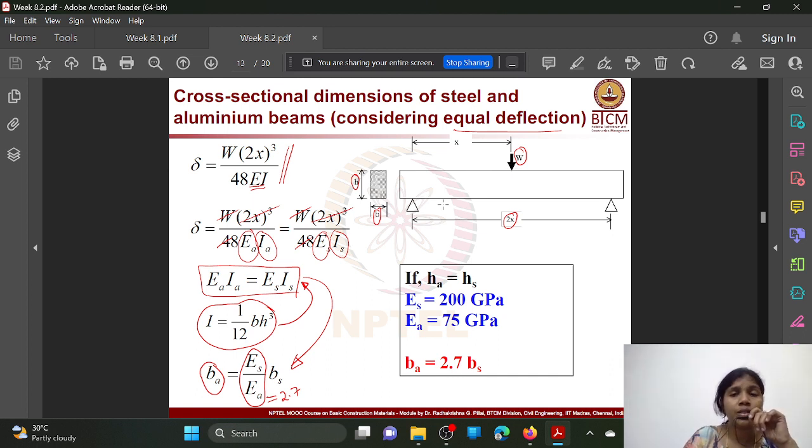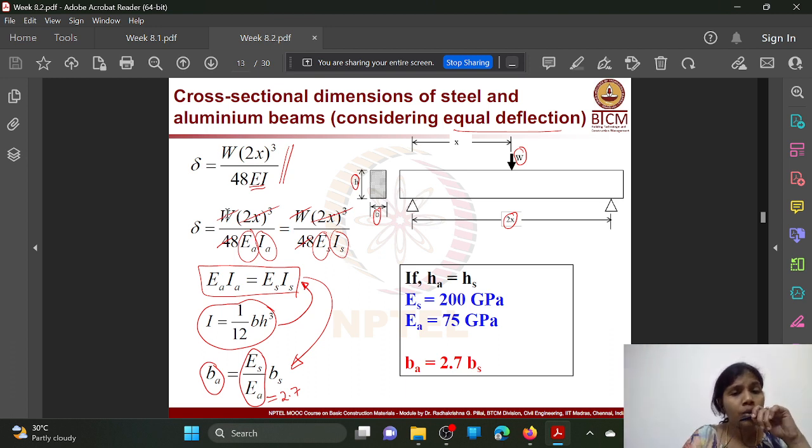The deflection for a simply supported beam with central point load is WL cube by 48 EI. Here the length is taken as 2x, the height is h and the width is b. So delta is equal to WL cube by 48 EI, L is replaced with 2x, and in case of E and I, we can replace it with the properties of aluminum and steel.